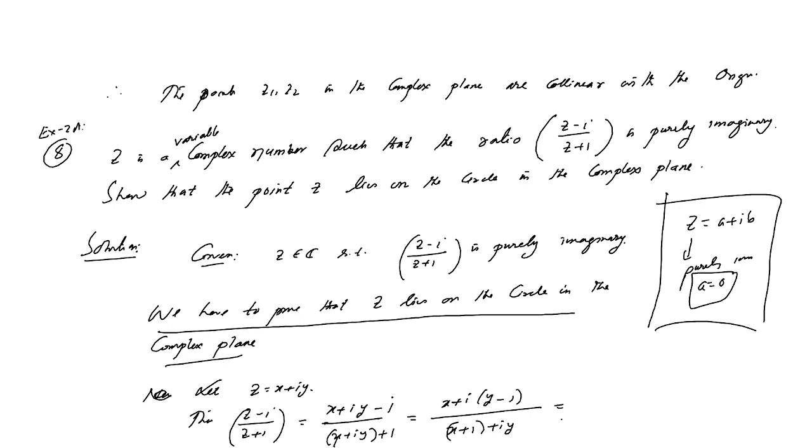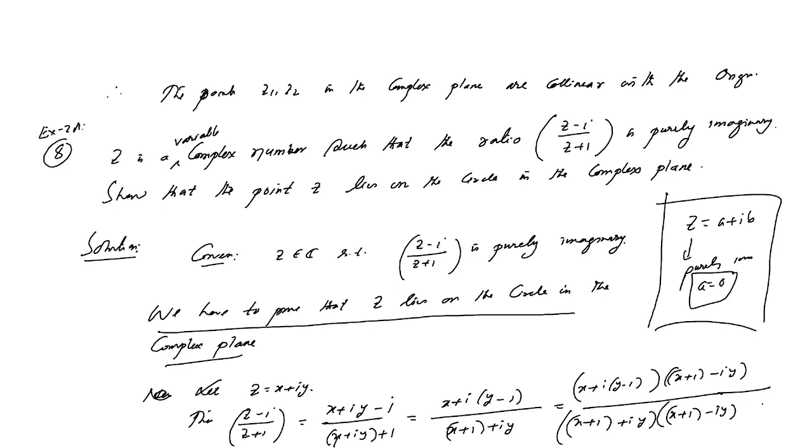Just multiply numerator and denominator by the conjugate of the denominator, x plus 1 minus iy. So what will we get?